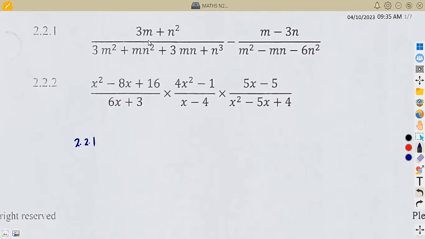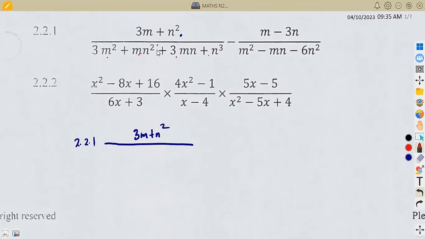All right. So here we have got 3m plus n squared. There's nothing that we can do in actual sense for this part here. But in the denominator, we can go back to our factorization. Still remember what we talked about previously on the issue of grouping of terms. So we can see that we have got 4 terms here, 1, 2, 3, 4.